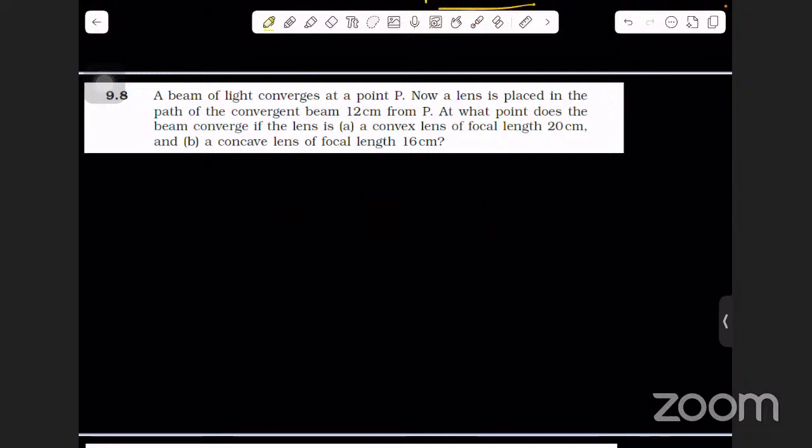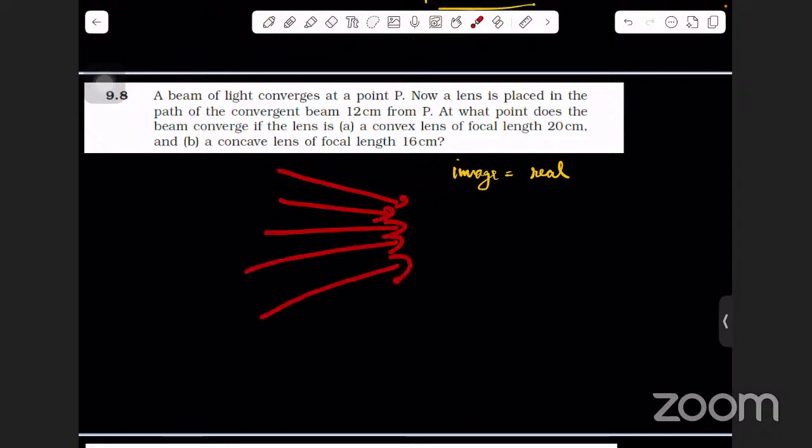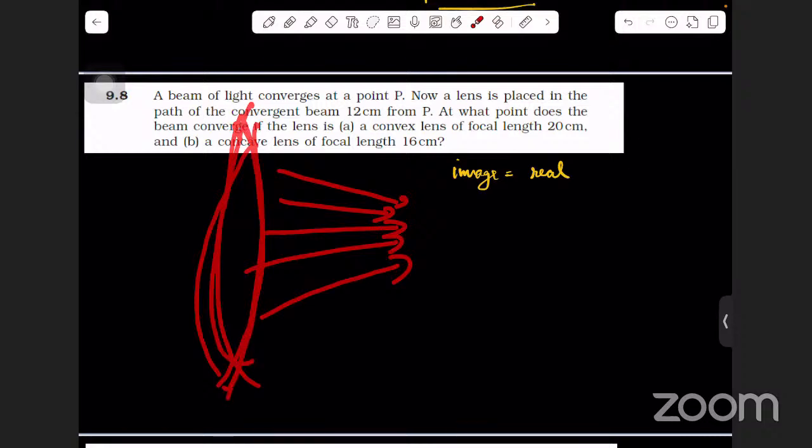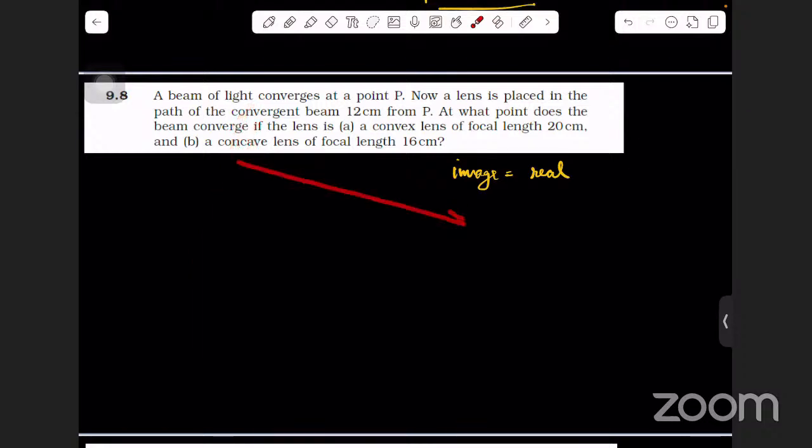That means the image is a real image. We don't know from where the rays are coming. They are all converging to this single point. That means the object would be a virtual object.